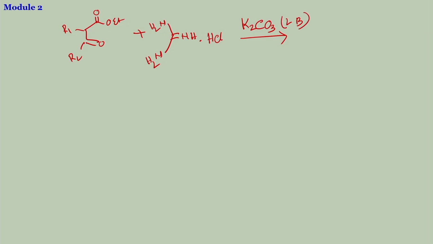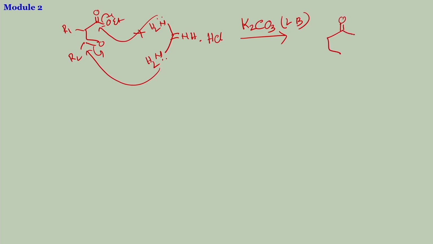It's a mild base, so it can actually neutralize the HCl over time, and then it will give you the same kind of nucleophilic substitution, and this one is your hydration. Dehydration will occur here.